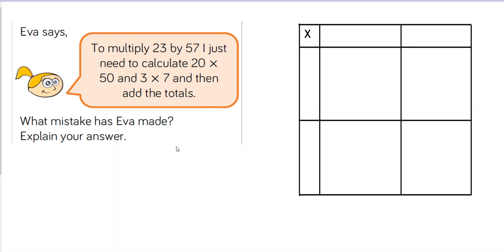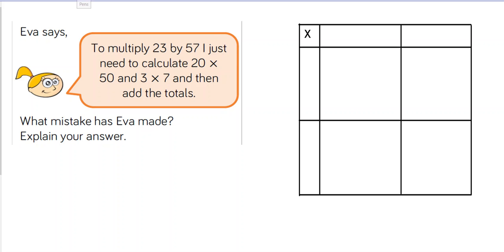What mistake has Ava made? Now, I've given you a clue. I've given you a multiplication grid to help you with your calculation there, because I think you're going to have to calculate it to work out the mistake that Ava has made. So I'm going to let you pause the video and have a go, and then we'll look at it together in a minute.